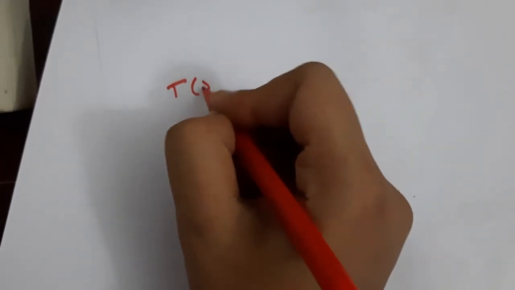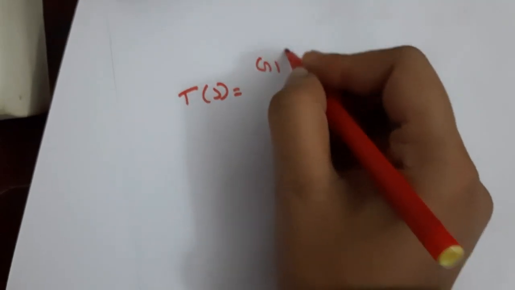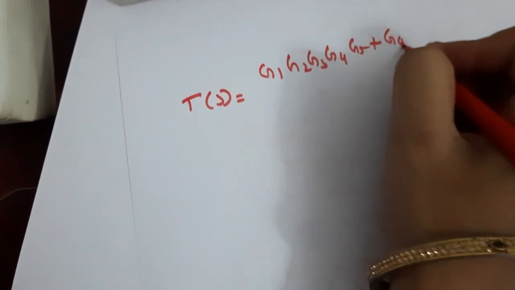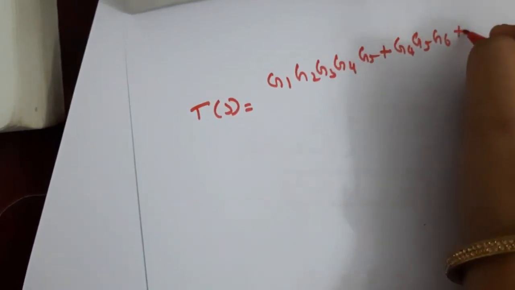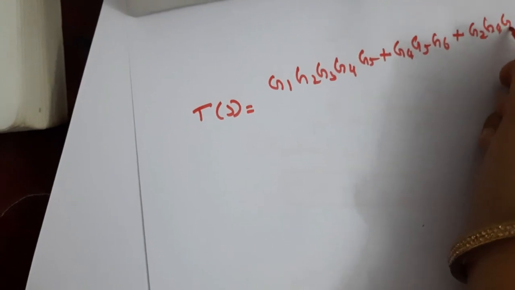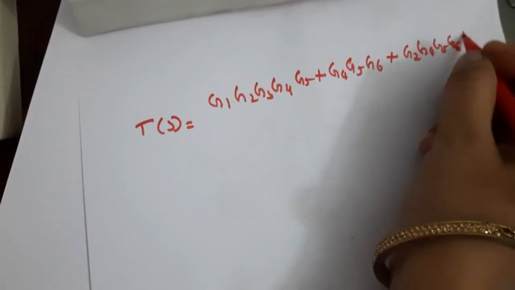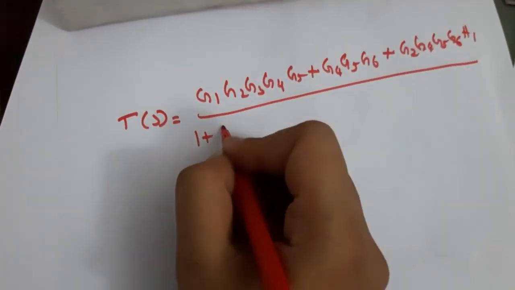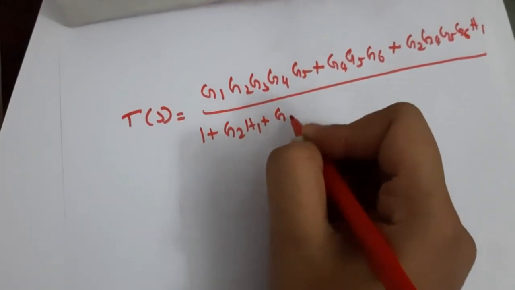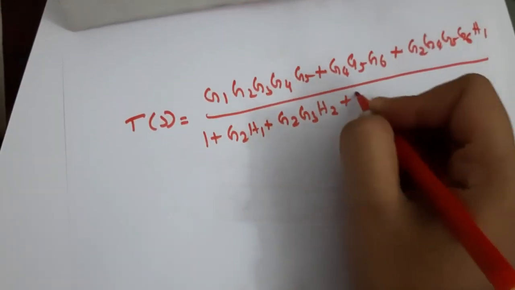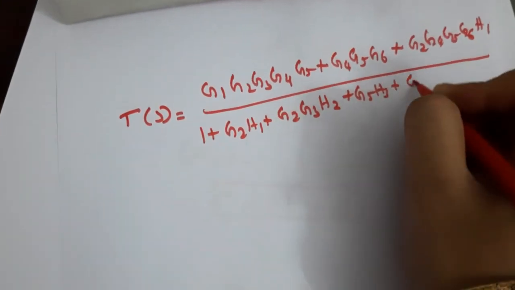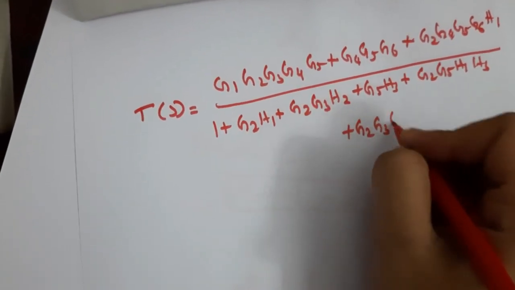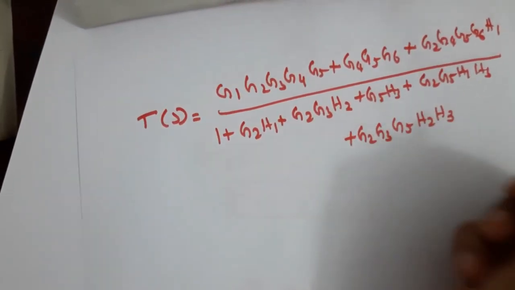After the multiplication we will get G1 G2 G3 G4 G5 plus G4 G5 G6 plus G2 G4 G5 G6 H1, divided by the del value 1 plus G2 H1 plus G2 G3 H2 plus G5 H3 plus G2 G5 H1 H3 plus G2 G3 G5 H2 H3.